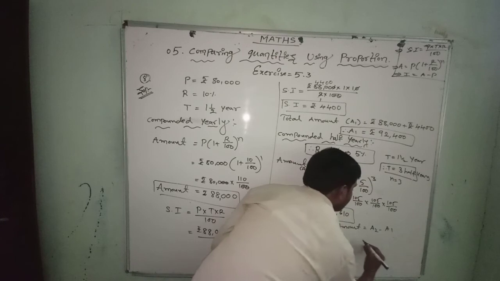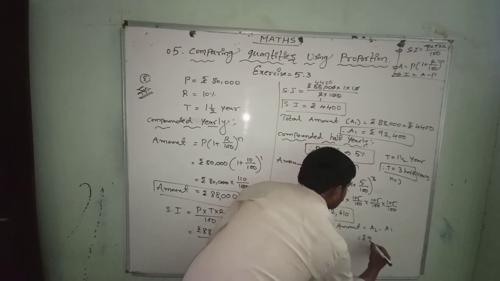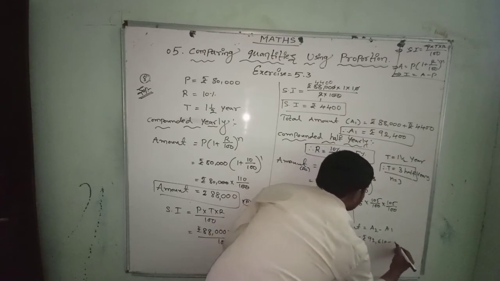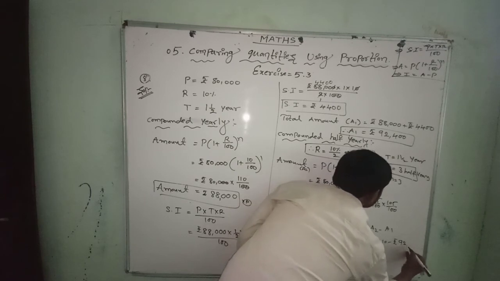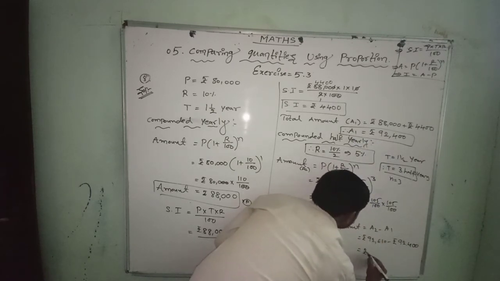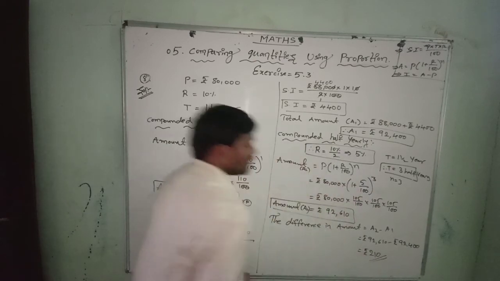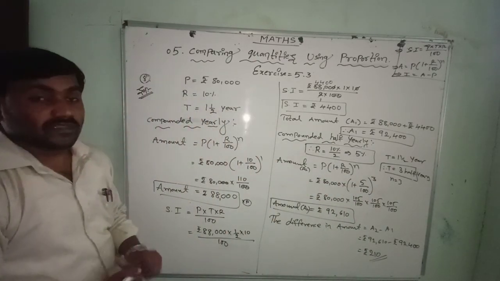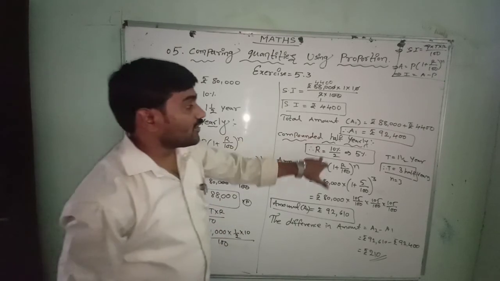A2 is rupees 92,610 minus rupees 92,400, that is 210 rupees. The 210 rupees will be more when compounded half yearly.